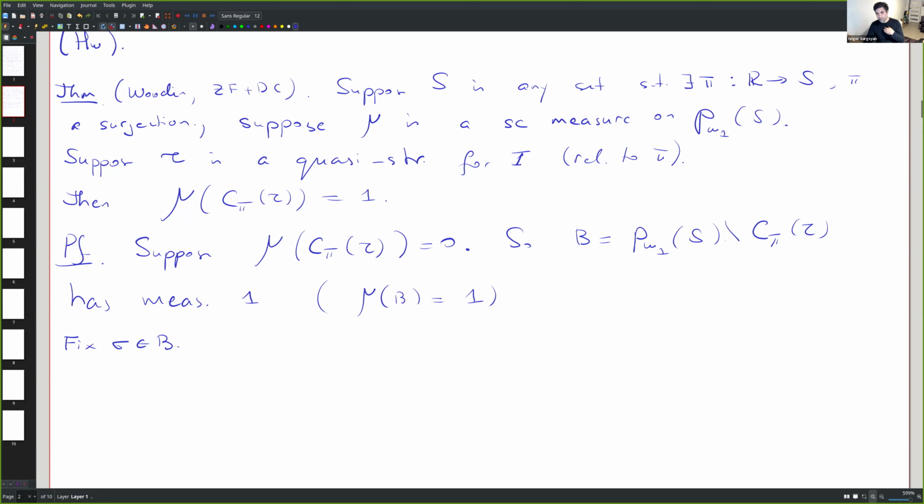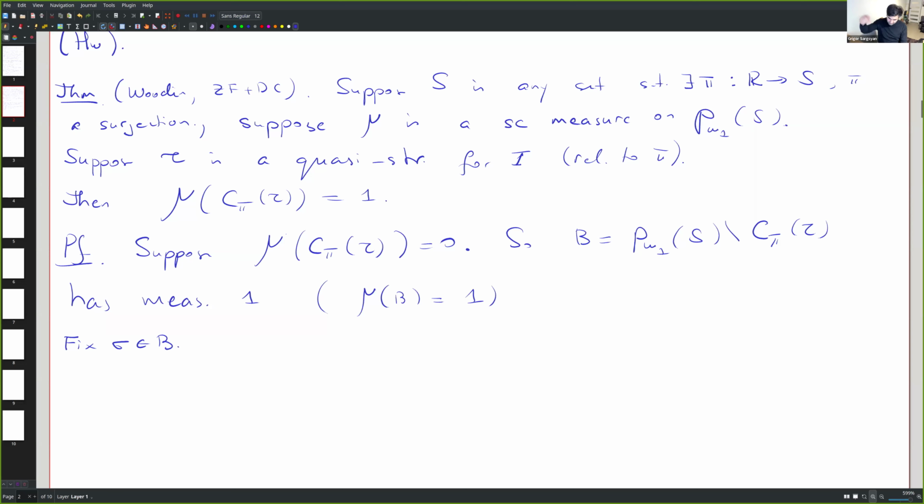Okay, but we have this measure mu. I mean, if you just do it randomly, we have to keep picking. Okay, but then you say, measure 1 many sigmas. Tau is giving us the same value on measure 1 many sigmas. So at that stage, it's just like the proof of pi 1 determinacy.